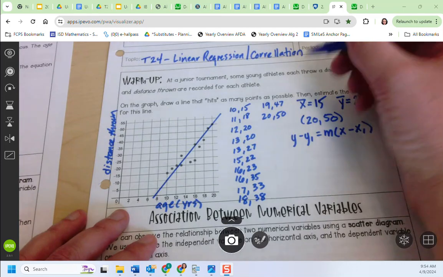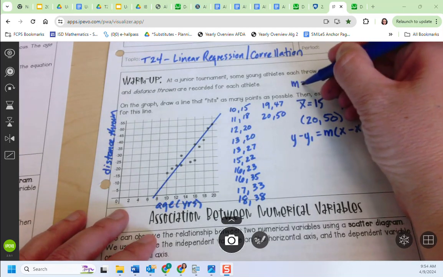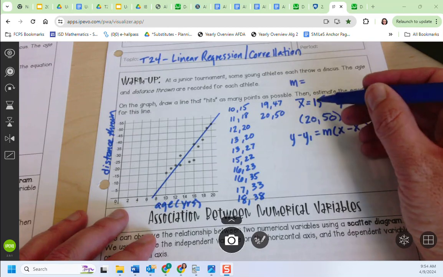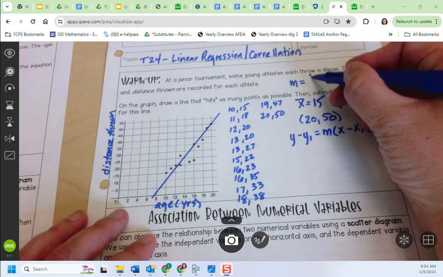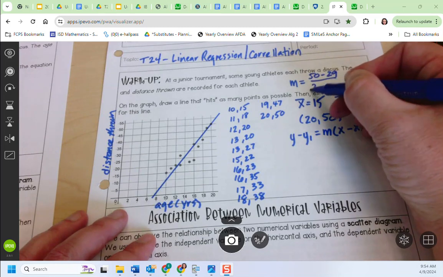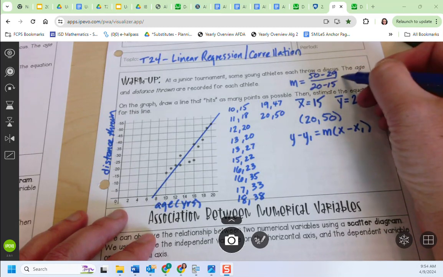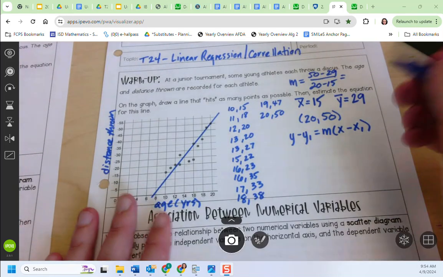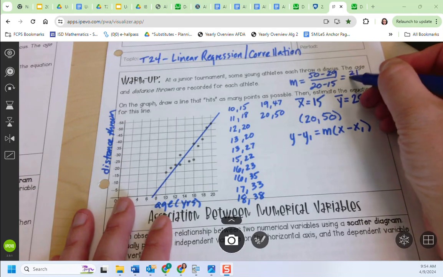So the slope would be y2 minus y1 over x2 minus x1. And I get 21 over 5.